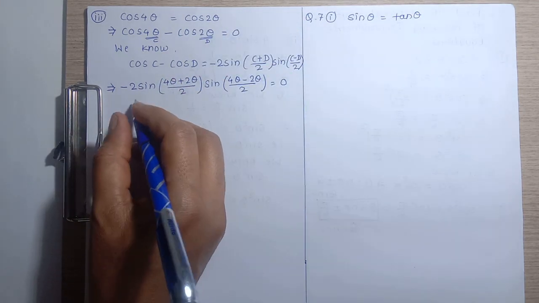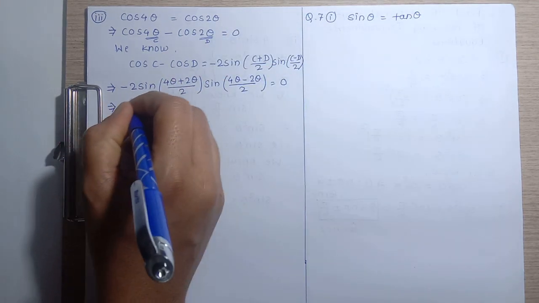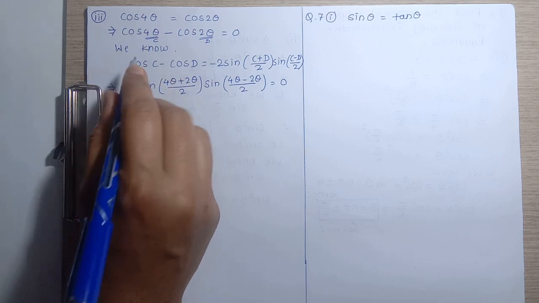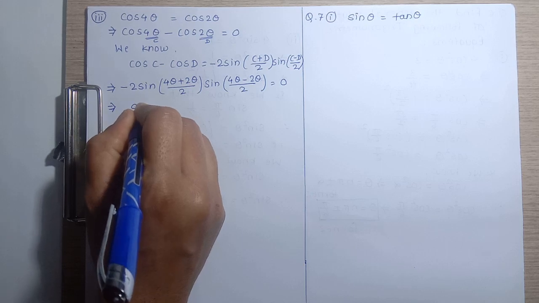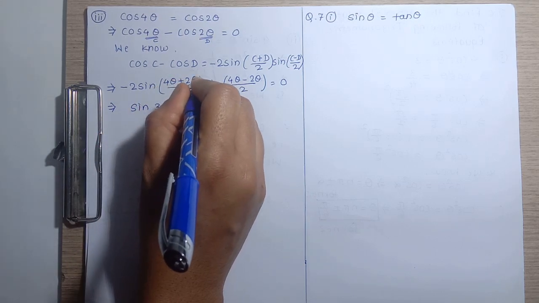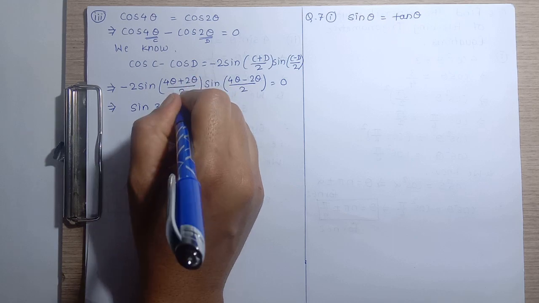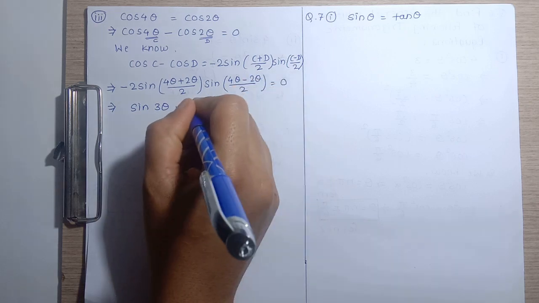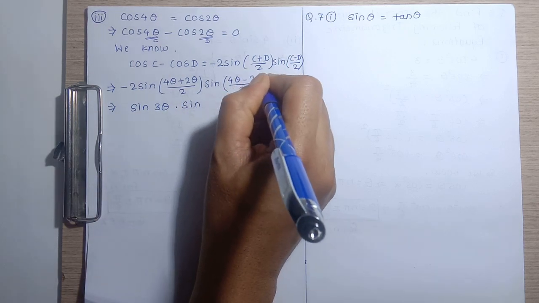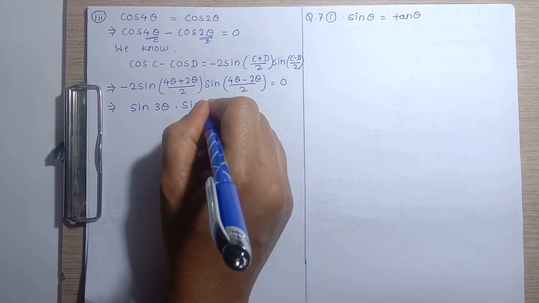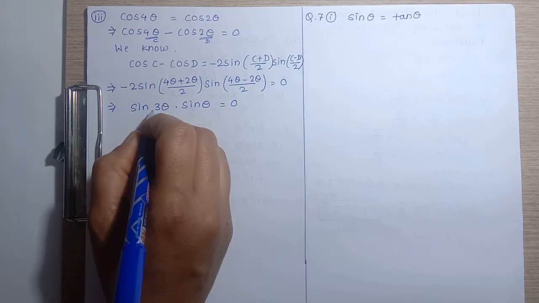Then that minus 2 is a scalar multiple; it cannot be 0. Therefore, we cancel it and write sine of 3 theta, that is (4 theta plus 2 theta) is 6 theta divided by 2, that is 3 theta, into sine of (4 theta minus 2 theta) which is 2 theta divided by 2, that is theta, is equal to 0.